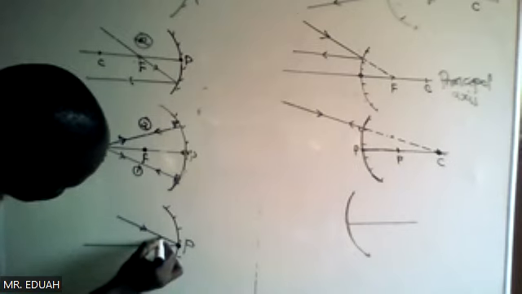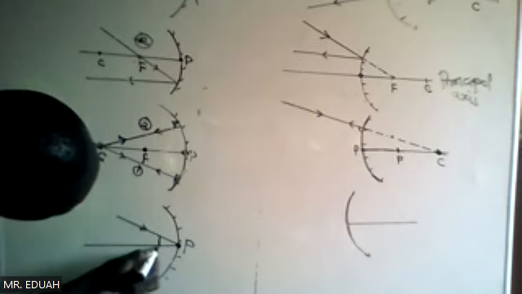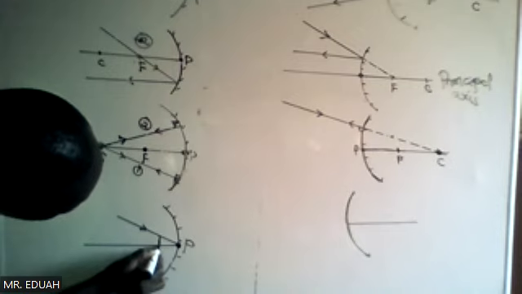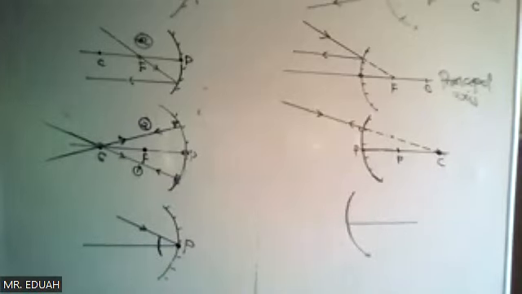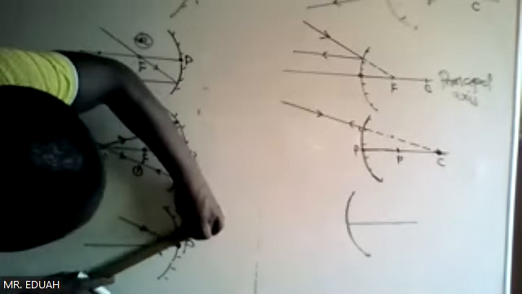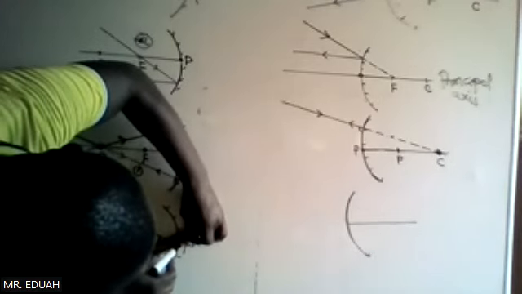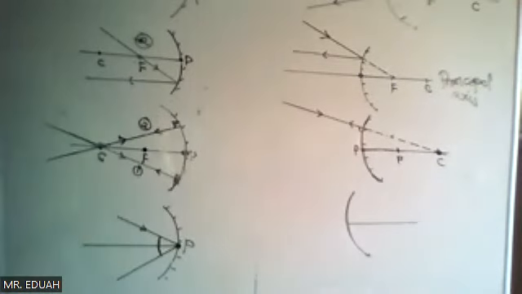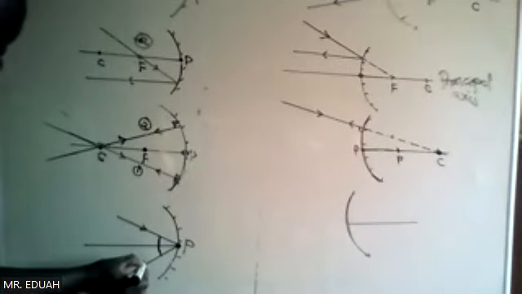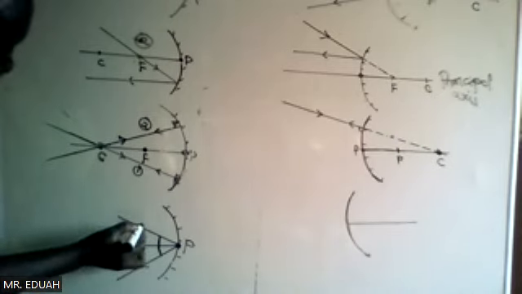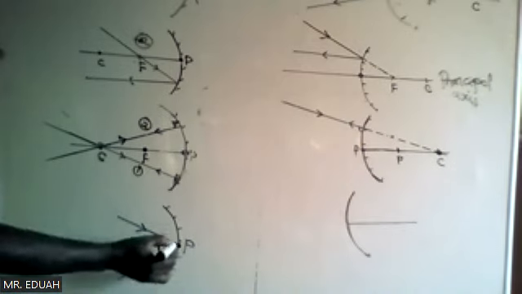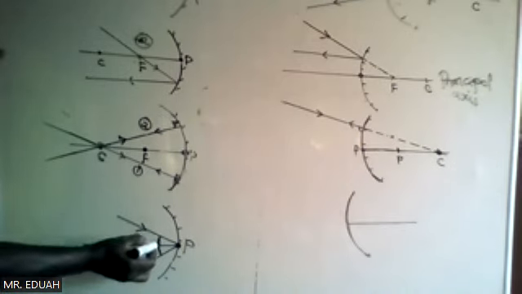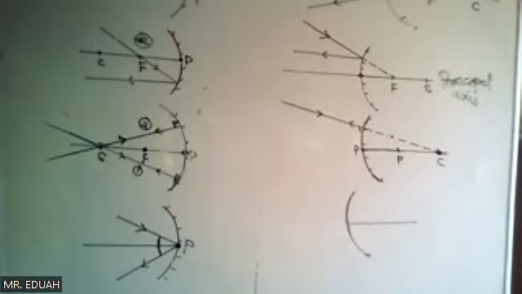This angle must be equal to the angle of reflection from the principal axis. So when you are using this rule, you have to be wary of your angular measurements. Either you measure or you estimate it very well, because it's the same angle. So when the ray hits the pole and this angle is 30 degrees, then this angle must also be 30 degrees.